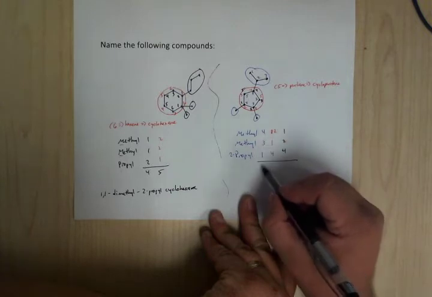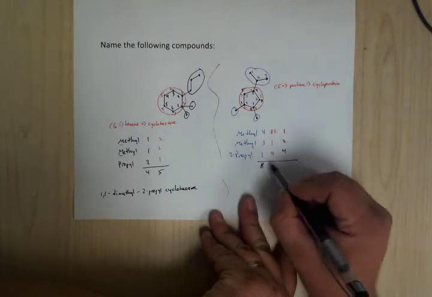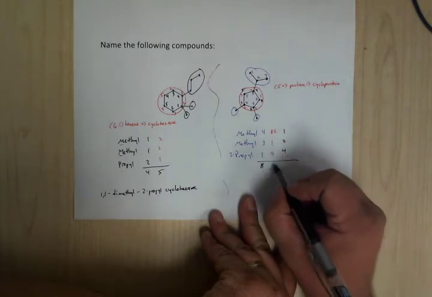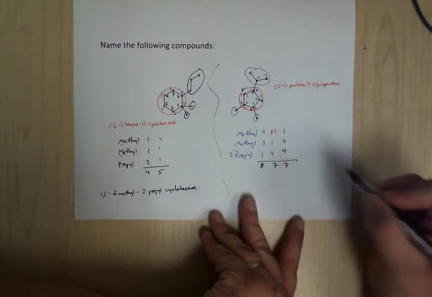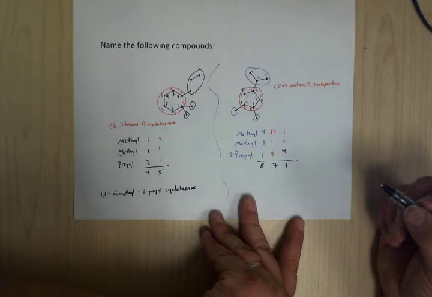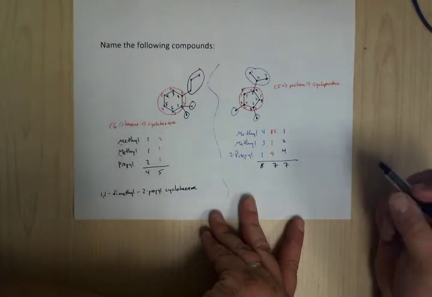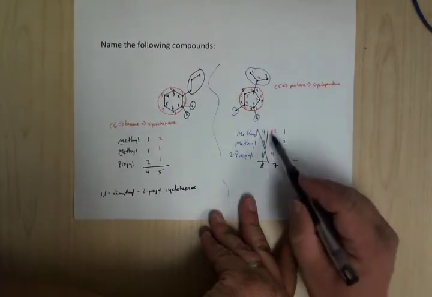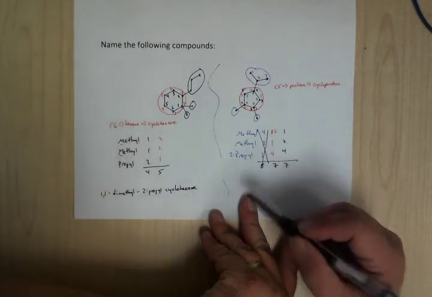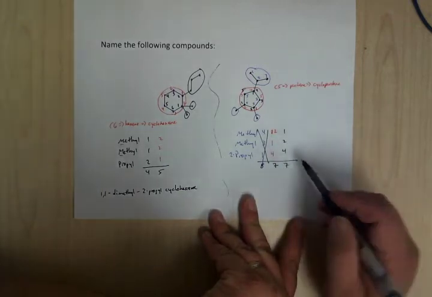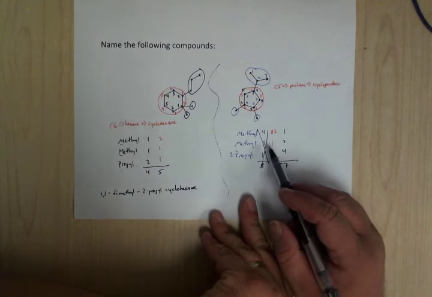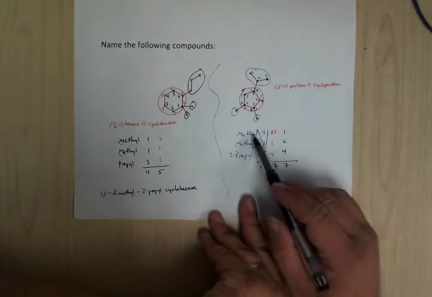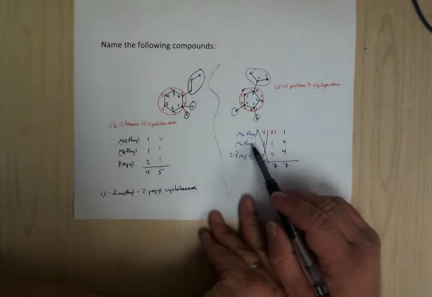It's 8, 7, 7. Okay, so we know it's not this. And so what we would do if there was a tie, we say the number 1 goes to the one that's first alphabetically, but it doesn't really matter if it's a methyl.